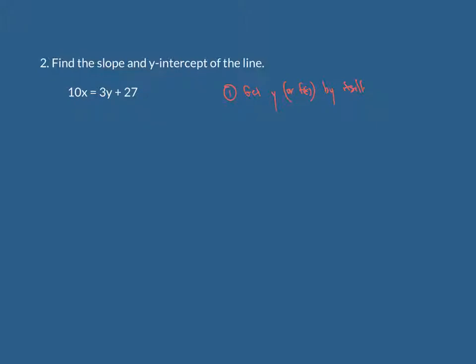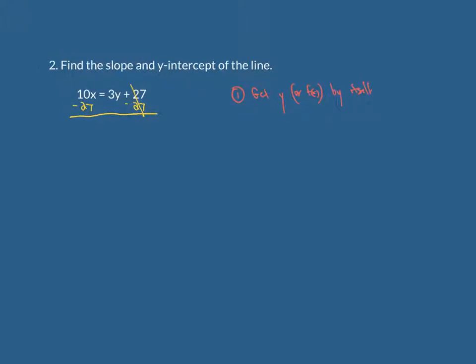Basically, all we need to do is get rid of the 27 and the 3. So if we're going to get rid of the 27, subtract it. Put a little line here. And the 27s disappear. On the right now we've got 3y.